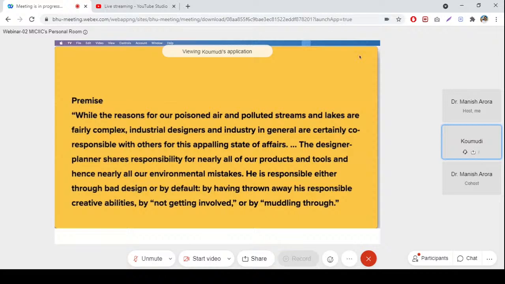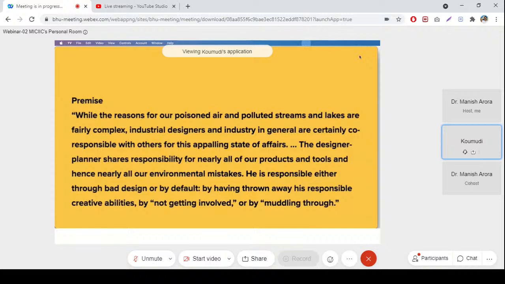The designer, the planner, they all share the responsibility for nearly all our products and tools, and hence, therefore, for all our environmental mistakes. These designers are responsible through bad design or by default by having thrown away their responsibly creative abilities, by not getting involved, or by muddling through.